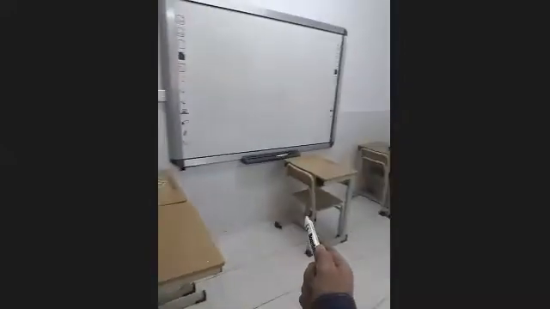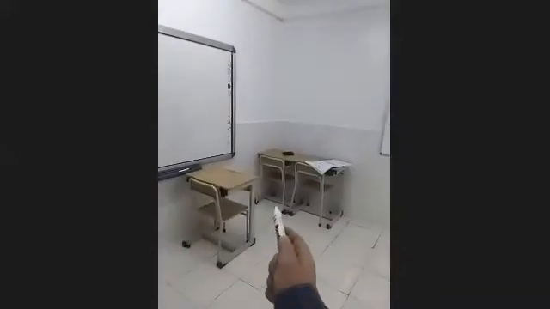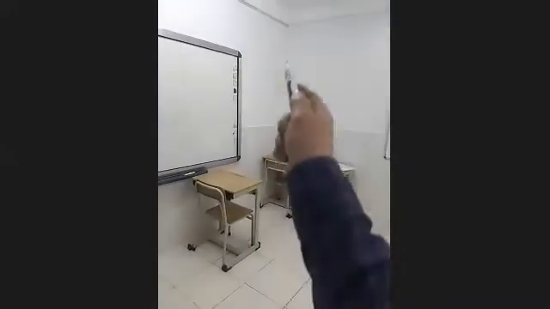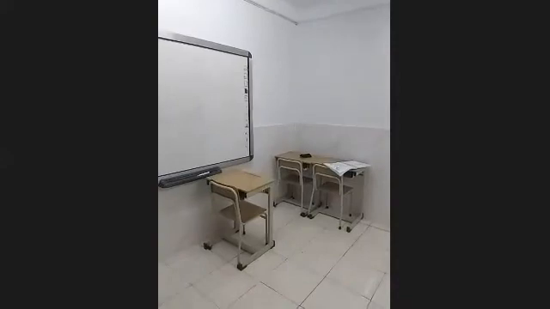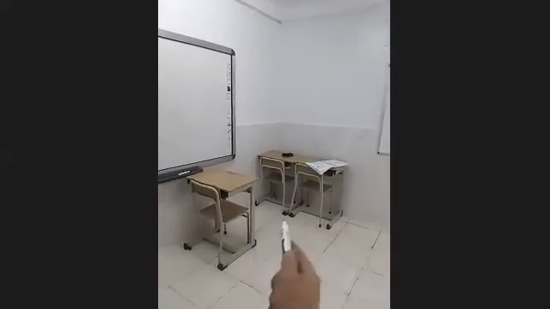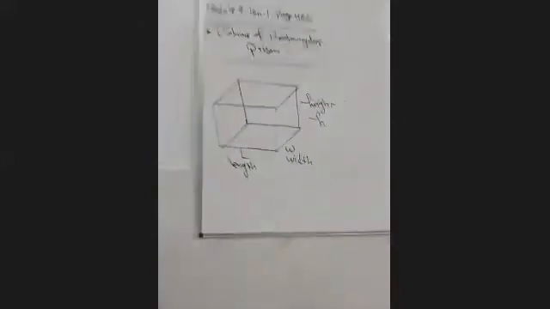This line here is the width of the room. Length, width. And this line here is the height of the room. So he has three dimensions: length, width, and height.